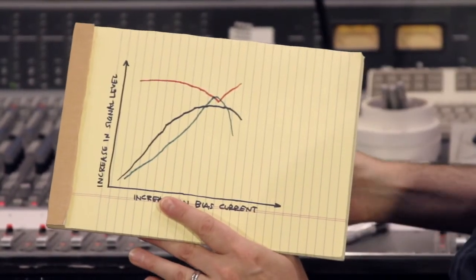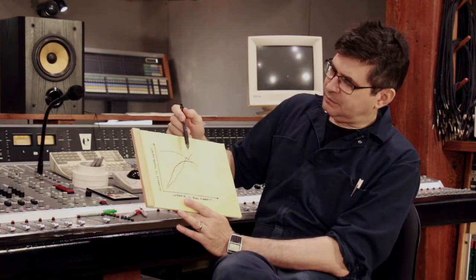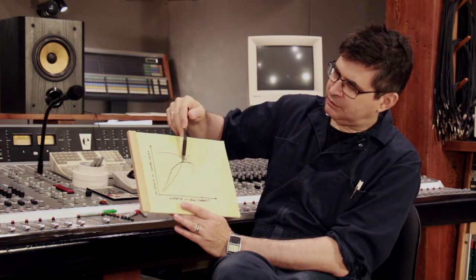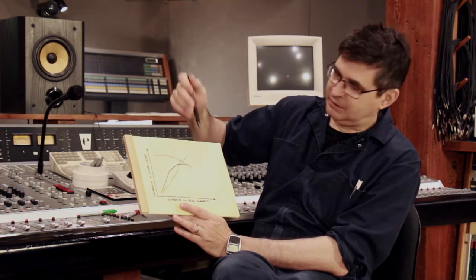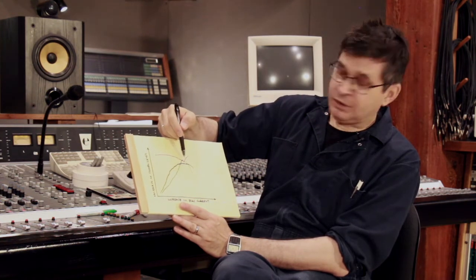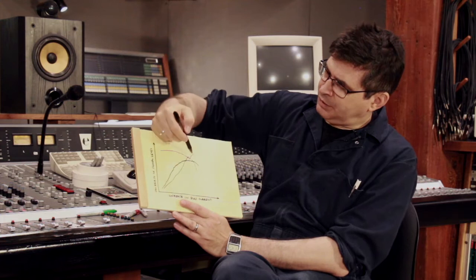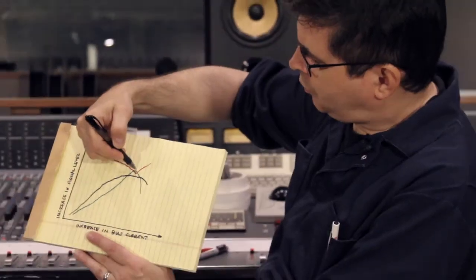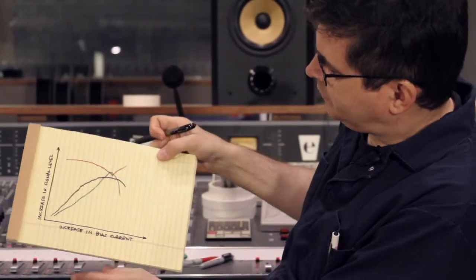So you'll see that there's a single point of critical bias where you're on the plateau of general maximum sensitivity of the tape, where you still have reasonably high frequency sensitivity, but the noise and distortion components are at a minimum. And that point right there is what I'm describing.